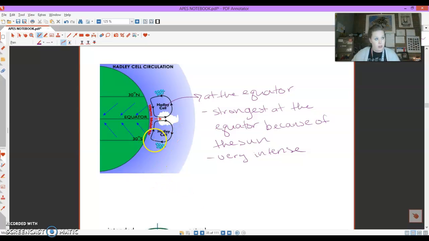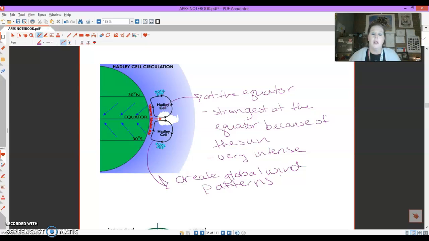So these are also, because they're so large, going to create global wind patterns. Remember that video or that image I showed you guys at the beginning of the unit where it showed the wind blowing 2 different directions?